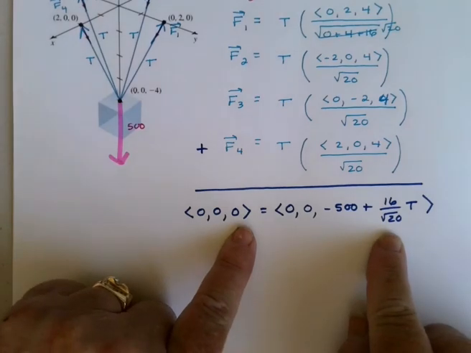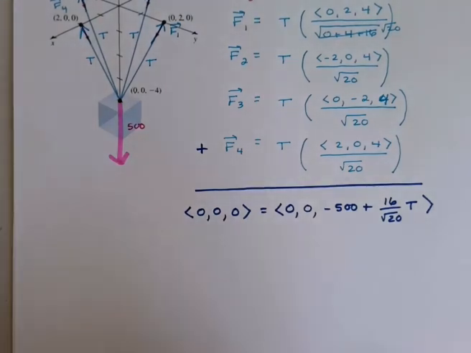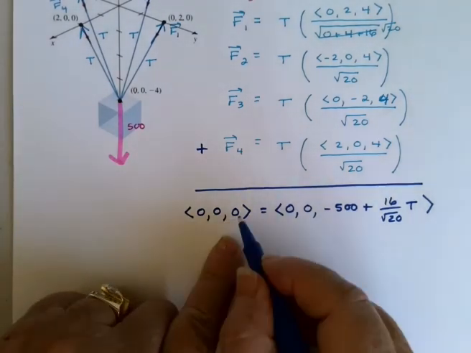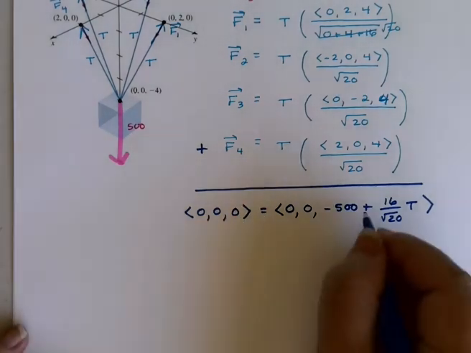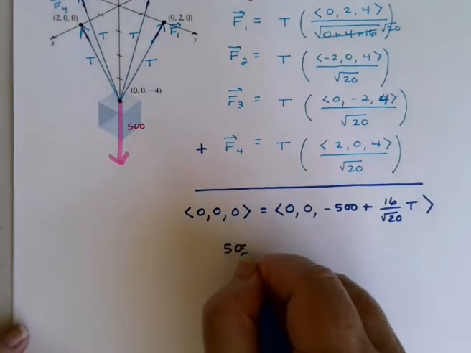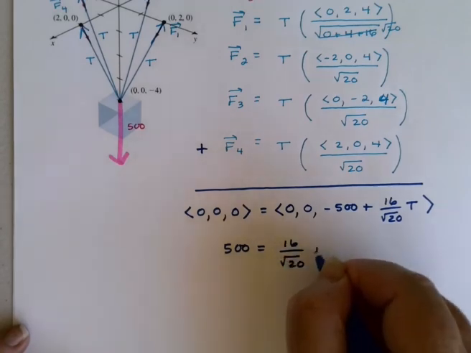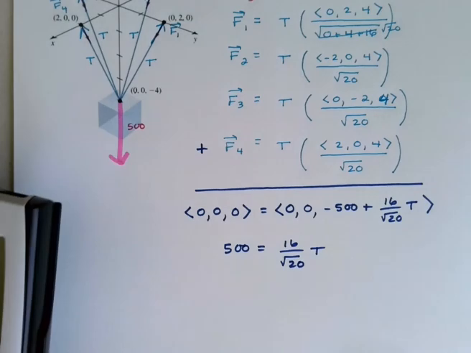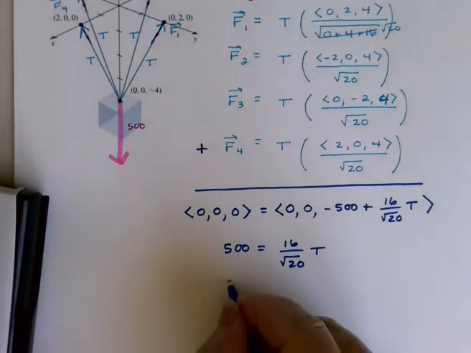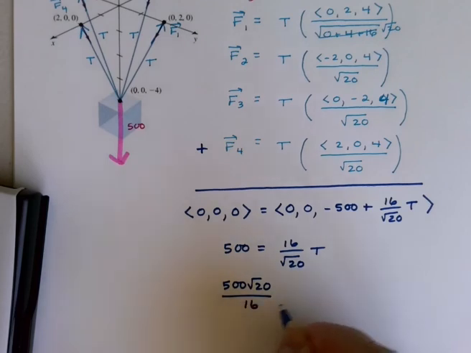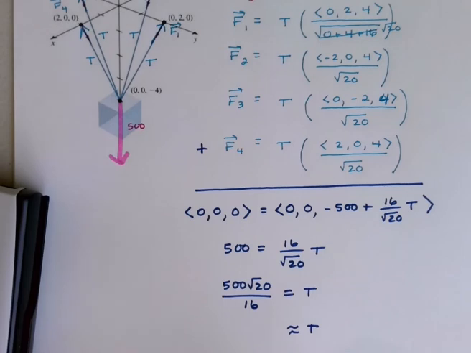It's that last component that gives me the equation that's helpful. Since this has to be equal to 0, I could bring the 500 over. So 500 equals 16 over the square root of 20 times t. And t is going to be 500 square root 20 over 16, which is about 139.75.